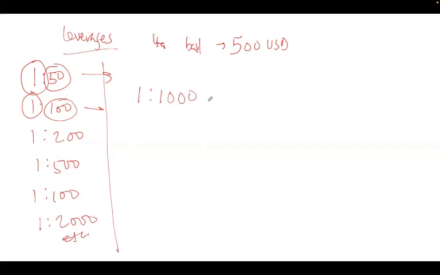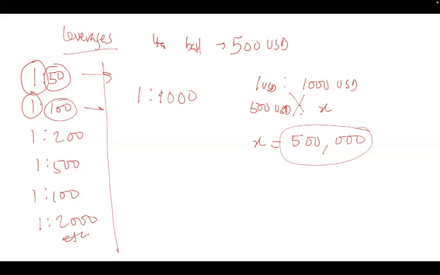This is what it means: $1 will be viewed as 1000 USD, so $500 will be viewed as X. If you cross multiply, X becomes 500,000. So if you're on a leverage of 1:1000 and your account balance is 500, you can place a trade as huge as $500,000. That's basically what leverage is.